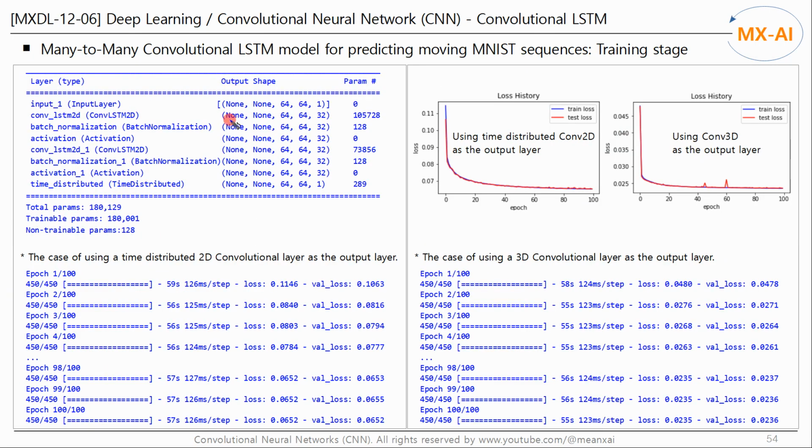The many-to-many model takes 5-dimensional data as input and outputs 5-dimensional data. This is because the predicted image is output at each time step. The loss was reduced like this in both cases, where a time-distributed 2D convolutional layer was used and a 3D convolutional layer was used in the output layer.